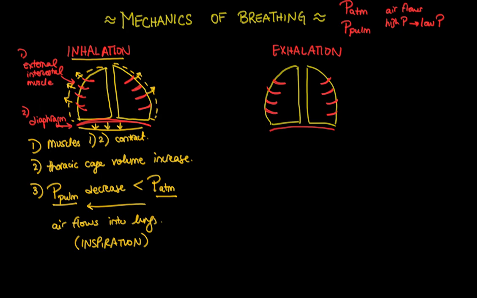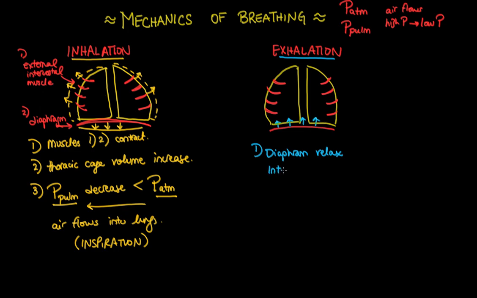Okay, so now we're going to go ahead and examine what happens during exhalation. And the first step is going to be muscular relaxation. So the diaphragm is going to relax, and as it relaxes, it's going to move upwards.